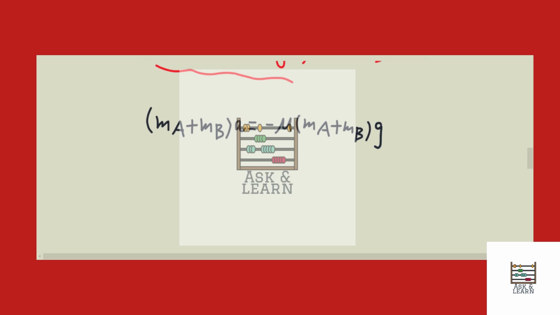Then we can move mA plus mB to the right side, and a is equal to negative mu times mA plus mB times g over mA plus mB. As you can tell, mA plus mB cancels out.